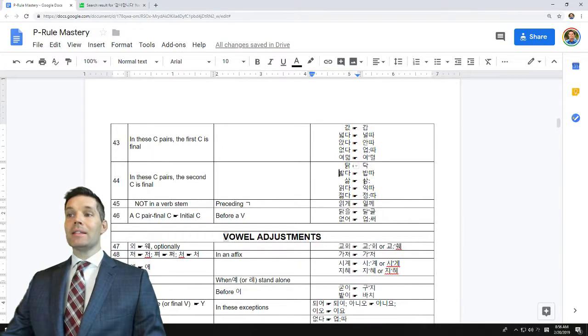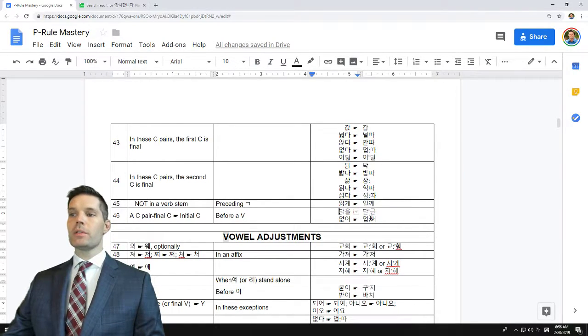Then we have 삶 for life, 읽다, 젊다, 읽게. But when you have an object marker or something like that, like a chicken object marker, then it's going to be 달글 instead of like 닭을. And then 없어.